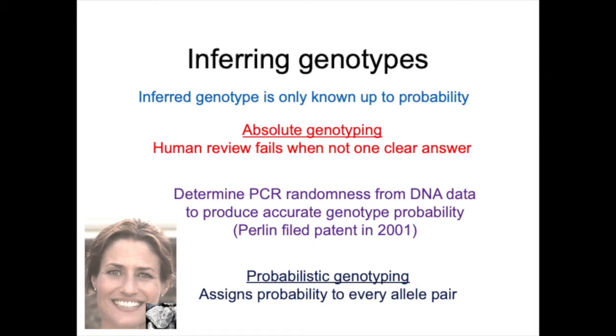And that's been called probabilistic genotyping. As Rhonda said, most labs will be doing that soon, using some product or another. And what that does is it says it's not just one allele pair or no allele pairs, or I don't know, or it's inconclusive. It's every allele pair, every possibility of a genotype with some probability.